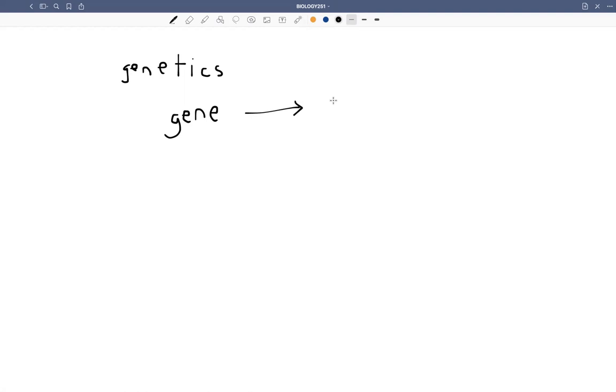And when I ask students what genes are or what it means to be a gene, a lot of times I get the answer that genes have something to do with DNA. This is in the common vocabulary these days. People probably have a good idea of what's going on, even if they're not biology majors. And if you've taken the prerequisite biology courses, you should have some familiarity with DNA.